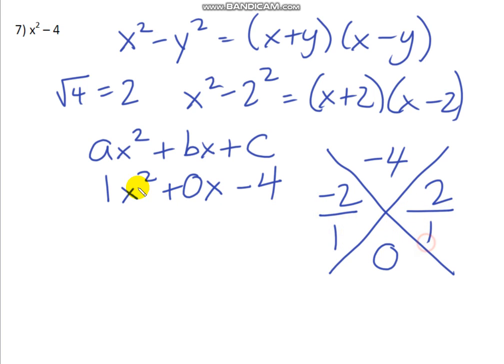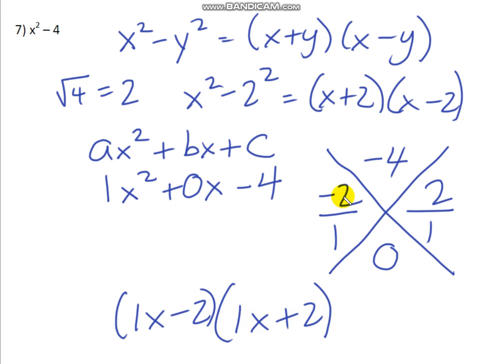Divide each of these by 1 because we have a 1 in front here, which means our factors are going to be 1x minus 2 and 1x plus 2, which is exactly what we have up there. Notice the order doesn't really matter for multiplication. You could switch it around, it means the same thing. So x plus 2 times x minus 2.